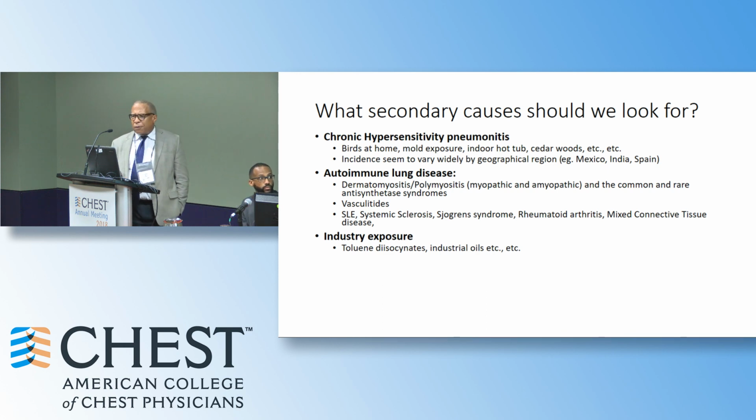Industrial exposures in the Pittsburgh area are also important for us. Toluene diisocyanates are actually quite a common exposure, and I have several patients that have HP related to toluene diisocyanates.